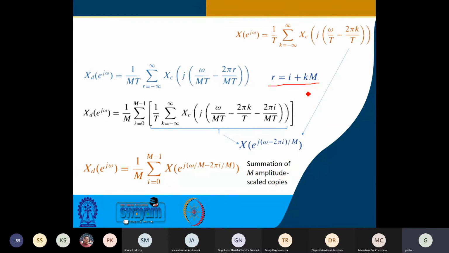Then k becomes 1, and i varies from 0, 1, 2, 3 to M minus 1. So that will cover the entire range of r.